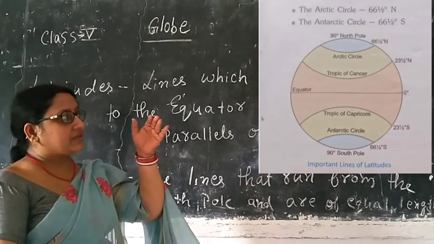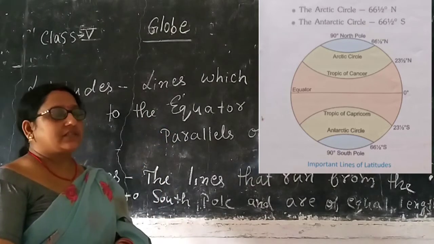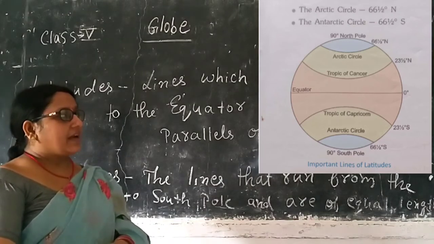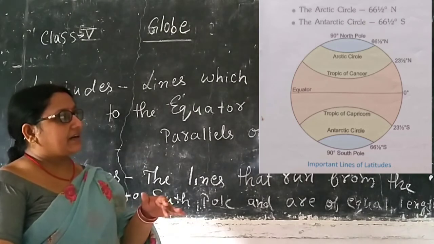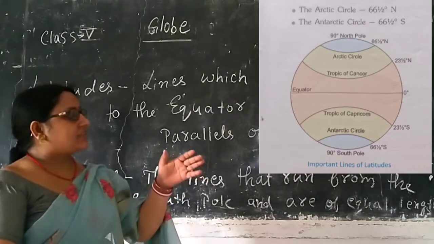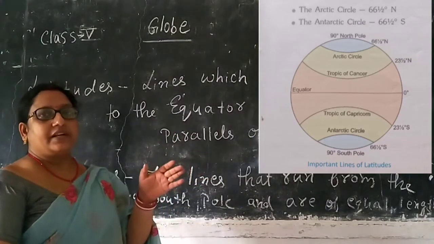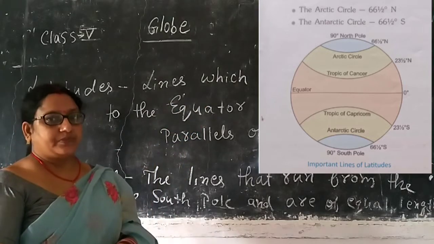Then going on, the other parallel line of latitude is the Tropic of Cancer. Going towards the south pole, there are the Antarctic Circle and the Tropic of Capricorn. Remember it very nicely and you have to know the diagram also.